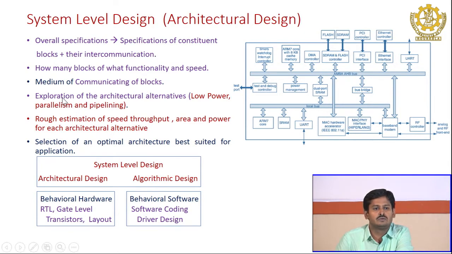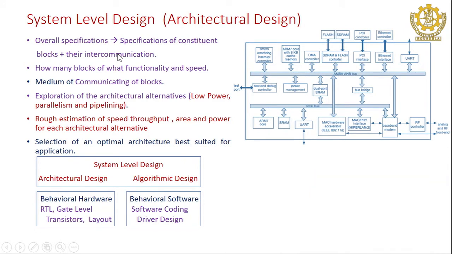Okay. So, once it is divided into different blocks, you have to decide their functionality and speed, and also their medium of communication. Many times you also have to decide what architectural alternatives are available, like how you can add or modify your design so that you will have a low power architecture.